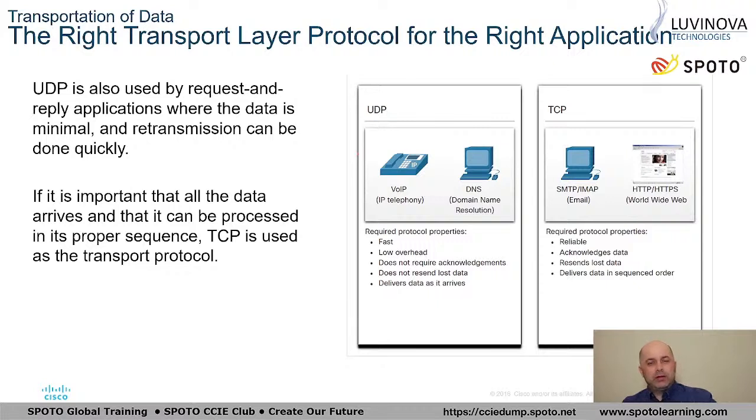For example, web browsing. Have you ever seen that whenever you type google.com in the browser, you receive just 25% of the Google page? Never. Either you receive the full page of google.com, or you receive nothing and you receive an error: the page cannot be displayed.